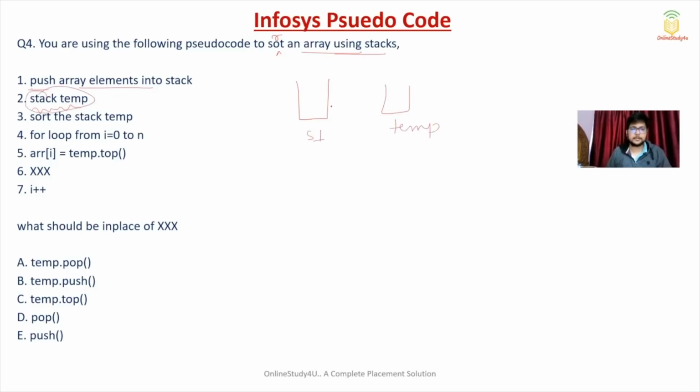Let's assume this is the temp one. By using some algorithm, we sorted the stack temp. There were some numbers here, and we sorted it using some algorithm. Then I am looping from 0 to n, that is the size of the array.